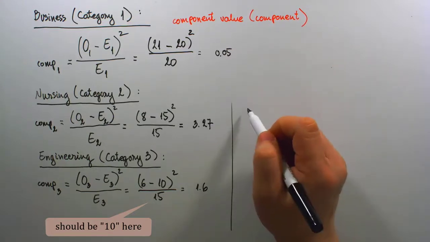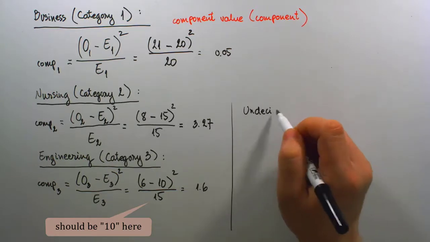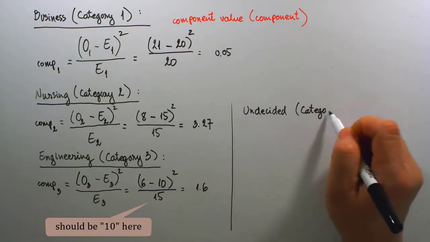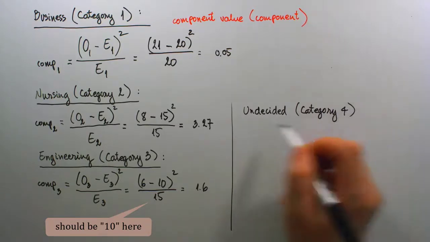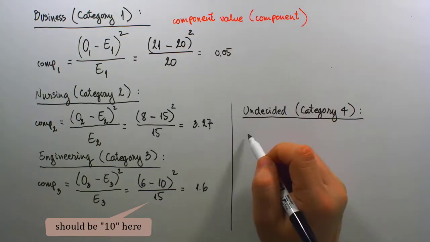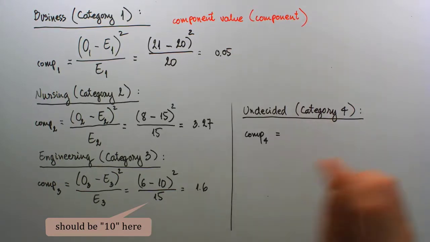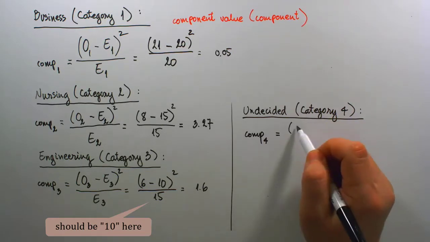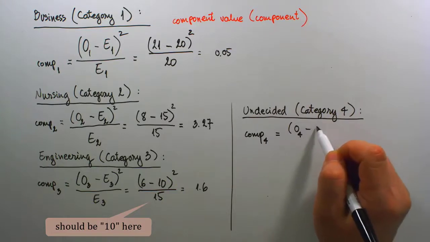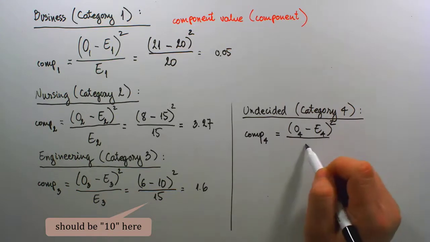And so now for the last category here, being an undecided major, as category 4, components here symbolically COMP4: observed count in the fourth category, subtract expected count in the fourth category, then square the difference and divide it by E4.